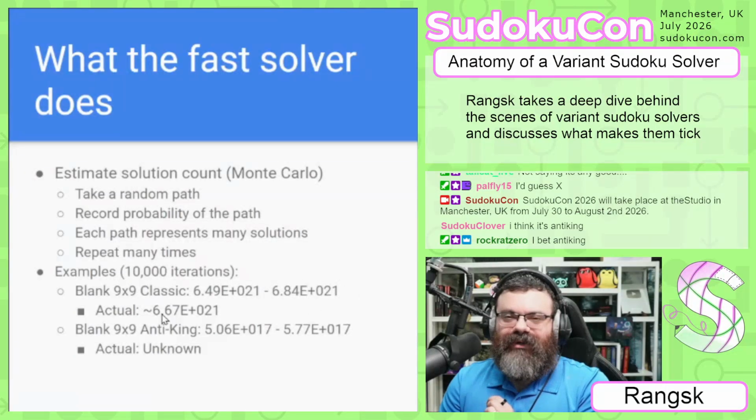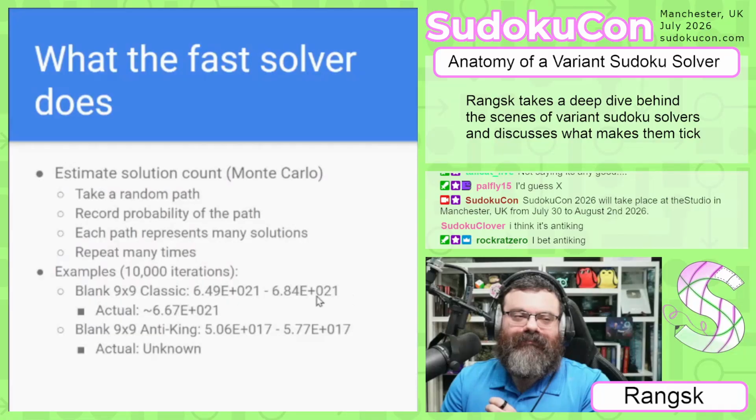Well, we know the actual number because some crazy people did it over a few years, and the actual number of solutions is 6.67 times 10 to the 21. So in a matter of seconds, the Monte Carlo came up with basically the correct answer. And at the very least, you get better than an order of magnitude. We know it's somewhere in the 6 times 10 to the 21 range.